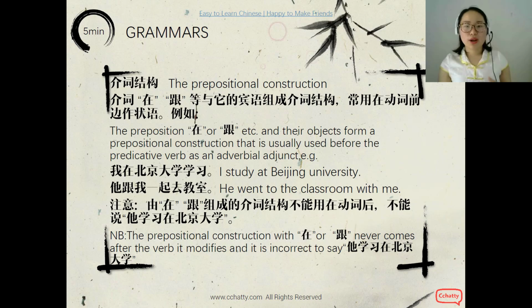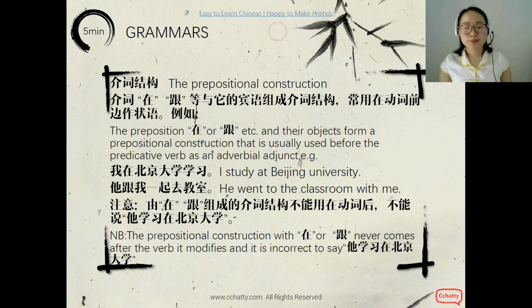And now the grammar we learn is about the prepositional construction. So we learn the prepositions 在 and 跟. 跟 means with. The prepositional construction must be used before the predicate verb, after the subject.